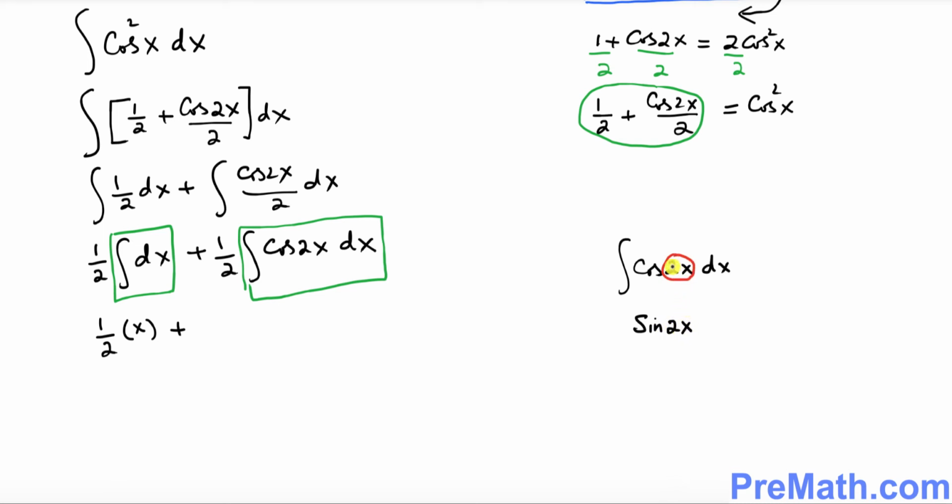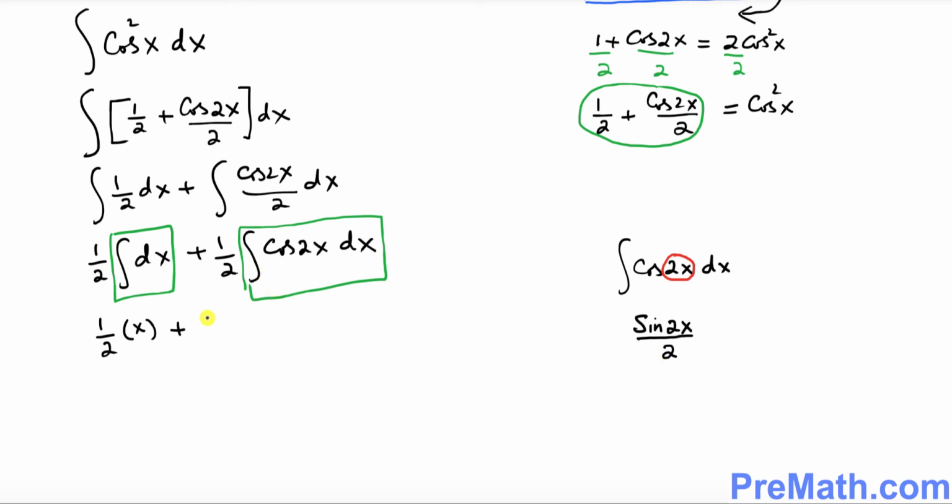Now I want you to just look at this part, 2x, the argument. The derivative of 2x is what? 2, isn't it? Whatever that 2 is, I want you to simply divide by that number 2. So that means the integral of cosine of 2x dx turns out to be sine of 2x over 2.